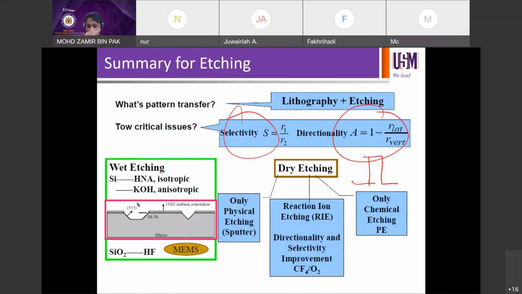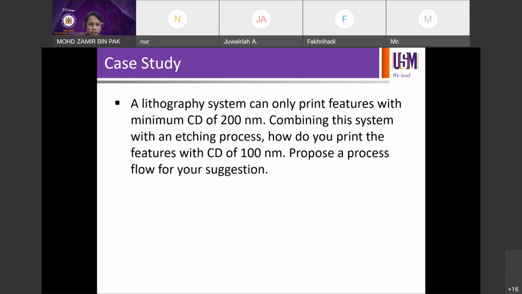And we've also discussed an anisotropic process like KOH, NaOH, or TMAH that will produce some kind of pyramids on the surface due to the difference in etch rate of the 100 plane versus the 111 plane. And then we've also discussed today dry etching, which can be physical, which is anisotropic. It can also be chemical, which is isotropic, like plasma etching process, and you can also combine both to end up with certain features. Right? So we're done with etching.